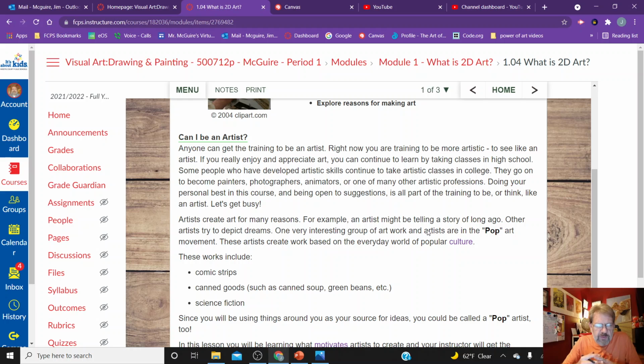One of the reasons we look at pop artists, these are artists who sort of respond to popular culture, what was going on at the time. We see that there were a lot of artists who began using that popular culture and bringing it into fine arts using things like graphic images.